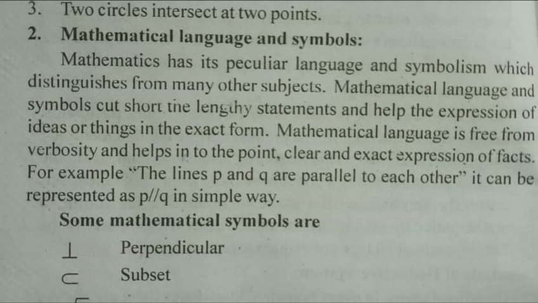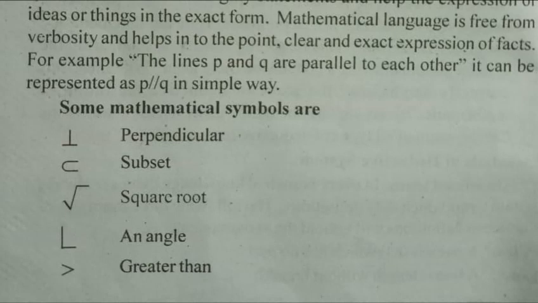Mathematical language is free from verbosity and helps in clear, to-the-point, and exact expression of facts. For example, the lines P and Q are parallel to each other can be represented as P parallel Q in a simple way. Some mathematical symbols are perpendicular, subset, square root, angle, greater than. Please watch in the picture.